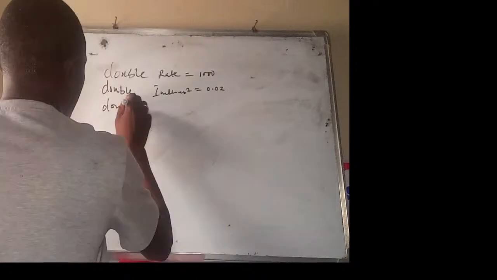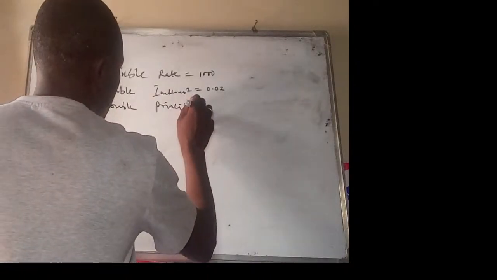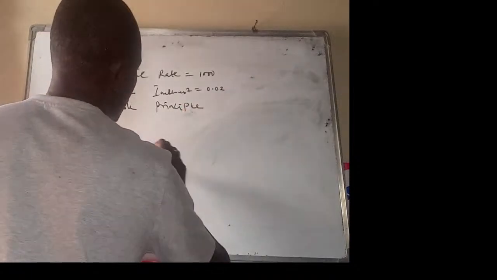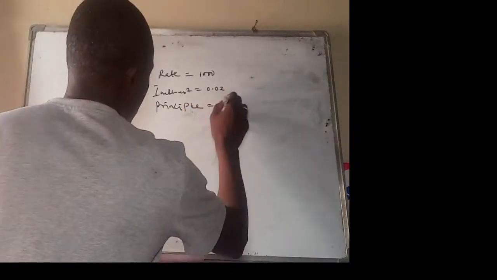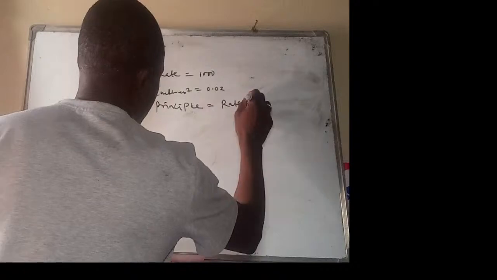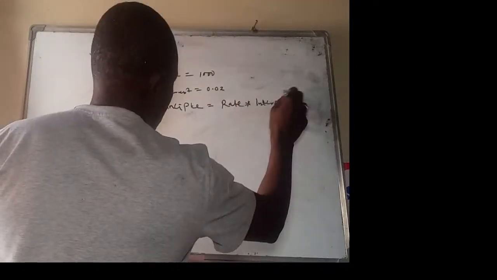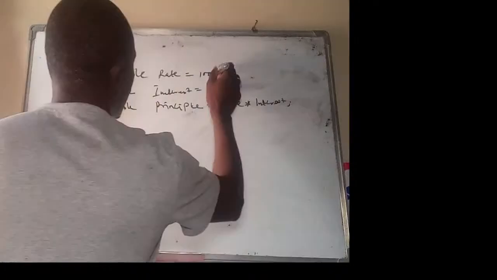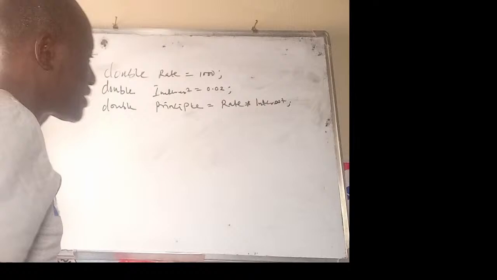Double, we have principal, which is equals to rate times interest, right? So we are done with this. With this, we can just use our System.out.print to have this.